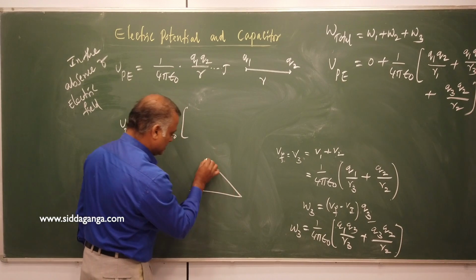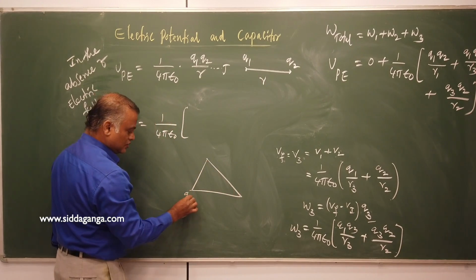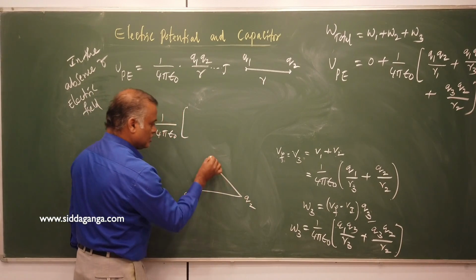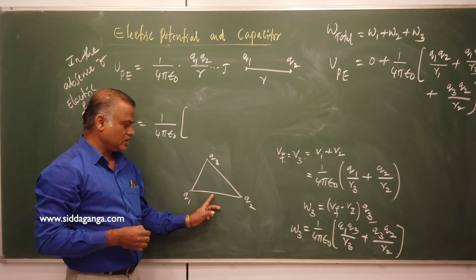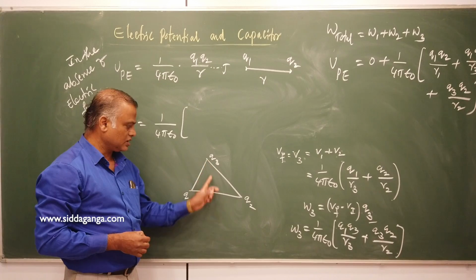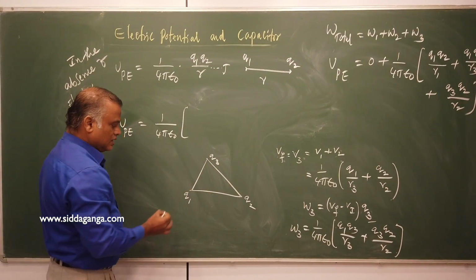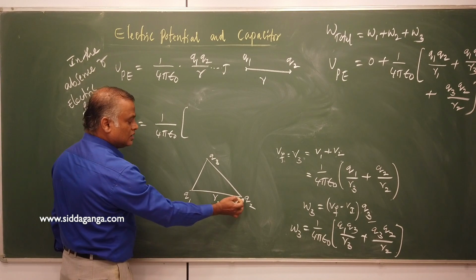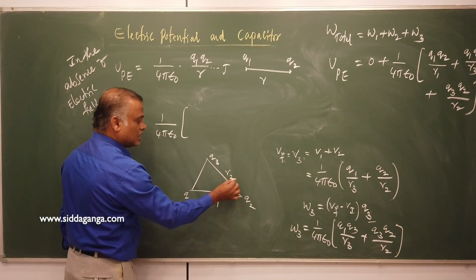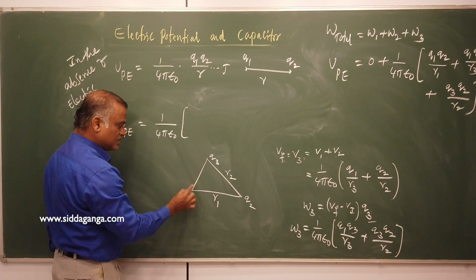I give a small help for you. Take a triangle, Q1, Q2, Q3. It need not be a triangle; this Q3 may be over here also. You can put Q3 here also. Now Q1, Q2 separated by R1, these two separated by R2, these two separated by R3.